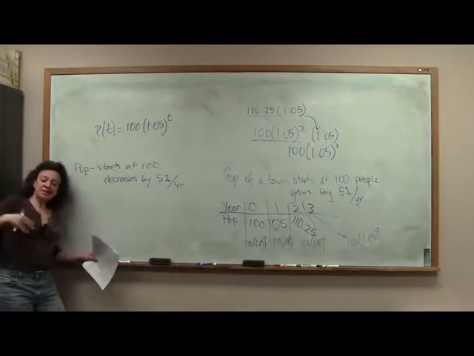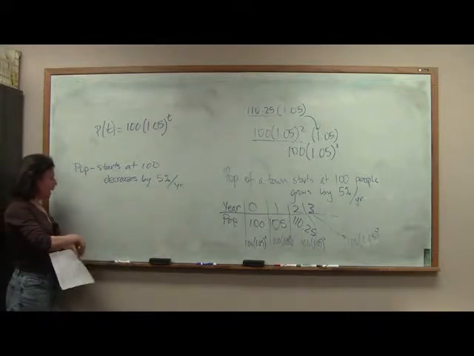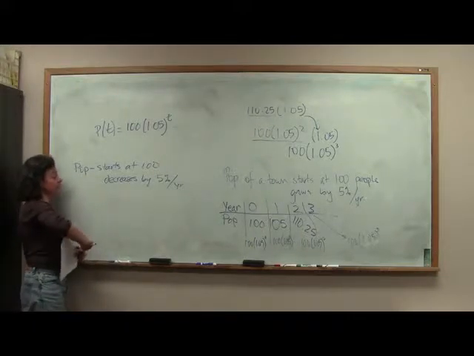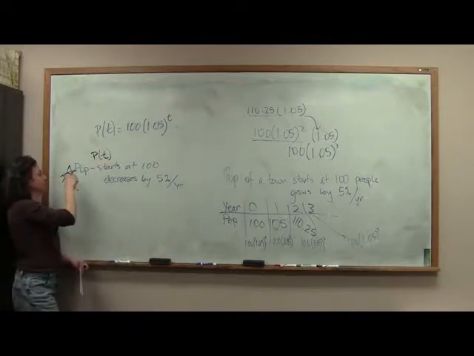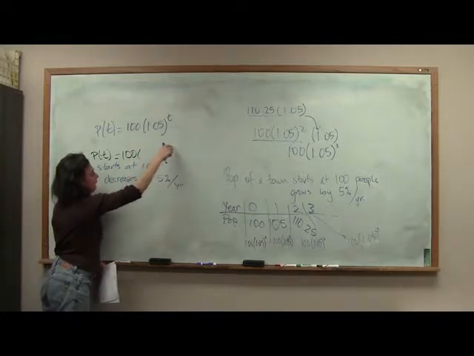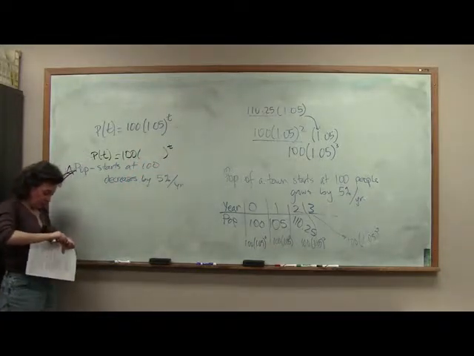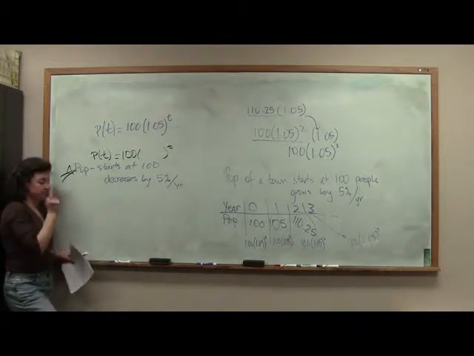Okay? Let's start developing this formula. Now, I claim with this formula, we'll write him in black. It's still going to start out at 100, and we're still going to have the t there. The question is, how do we deal with this business in parentheses?